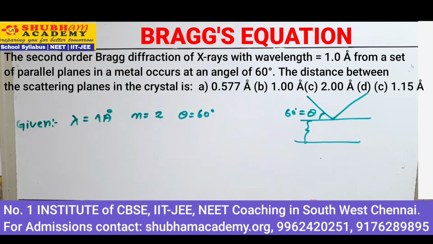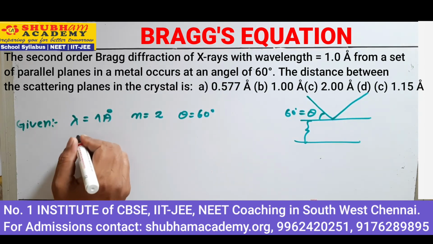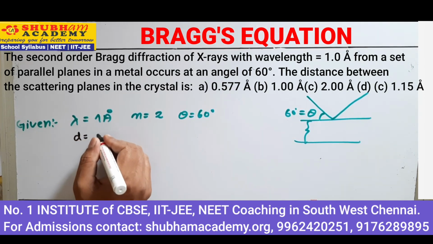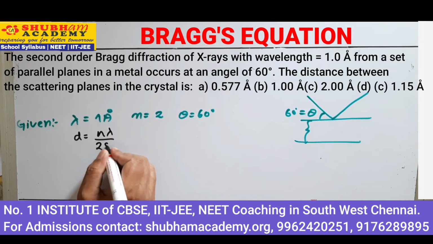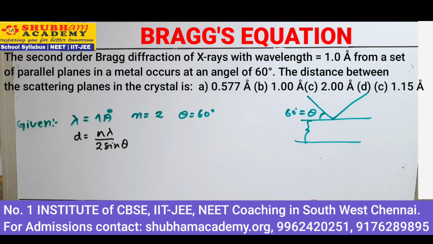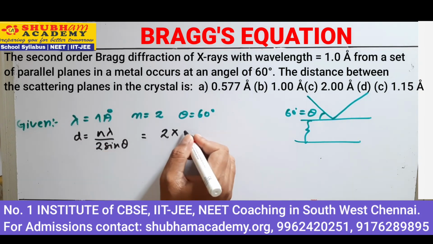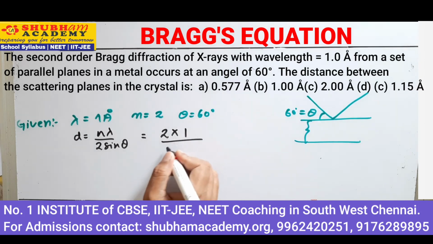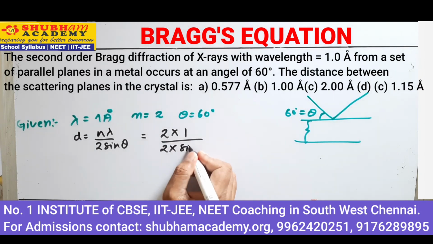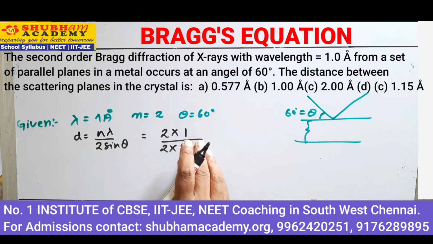So what formula are we going to use? d is equal to n lambda upon 2 sin theta, right? n is 2, so 2 into 1 divided by 2 into sin 60.